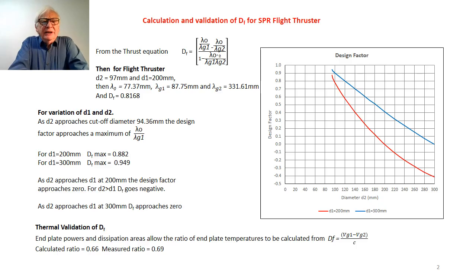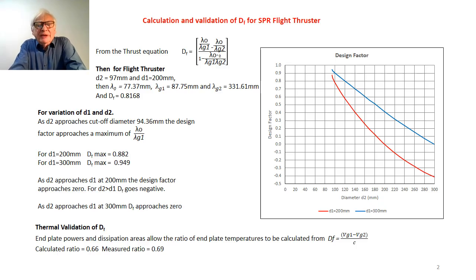If we look at the plot, you can see that as D2 approaches the cutoff diameter of 94.36 millimeters, the design factor DF approaches a maximum of lambda naught over lambda G1.